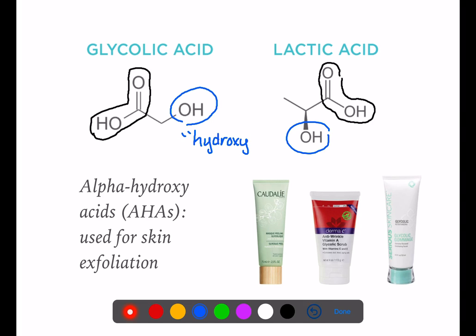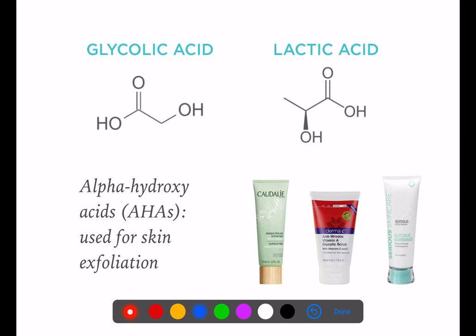So let me back some of this stuff up because I don't think I have an eraser anymore. On a carboxylic acid, when we look at the carbon of the carbon-oxygen double bond, the carbon that's directly attached to it is called the alpha carbon. So again, here's our carbon-oxygen double bond. This is called the alpha carbon, and the next one out is called the beta carbon.